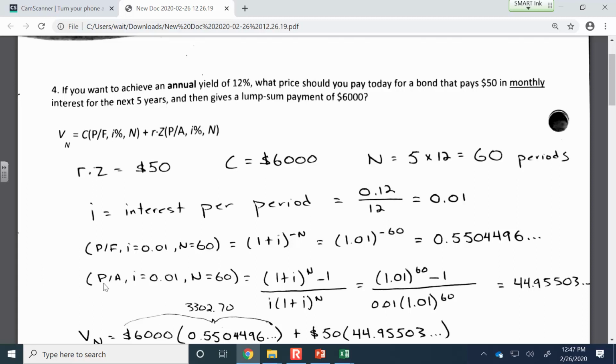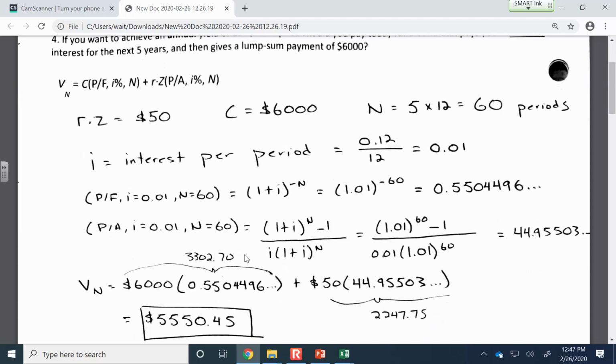So the P/A is for finding the present value of the interest. The P/F is to find the present value of the lump sum. So the value of the bond should be $5,550.45.